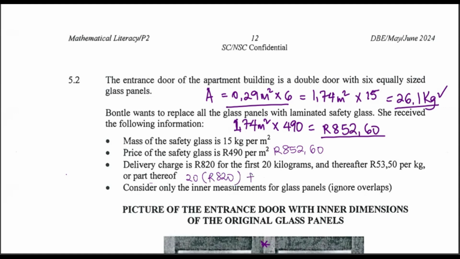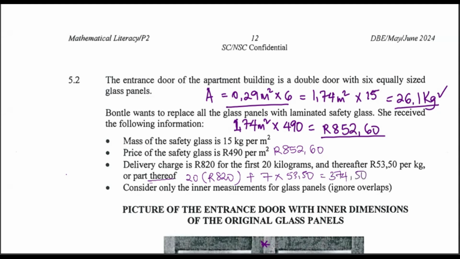We are left with 6.1. But because of 'part thereof', 6.1 is counted as 7 kg. So each is charged 53.50. So we do 7 times 53 rands 50 cents. Here the person is going to be charged 374 rands 50 cents.